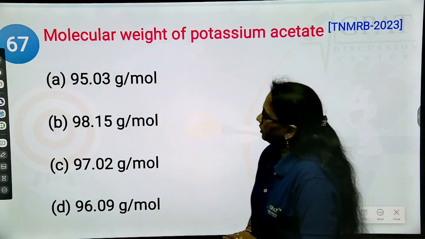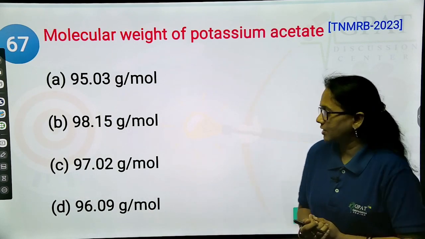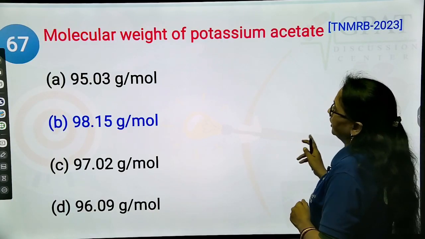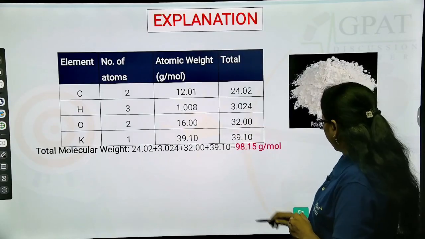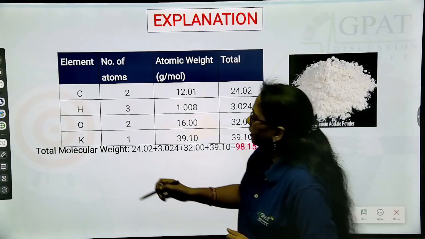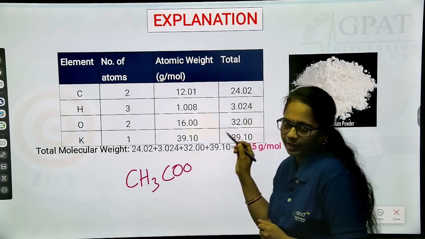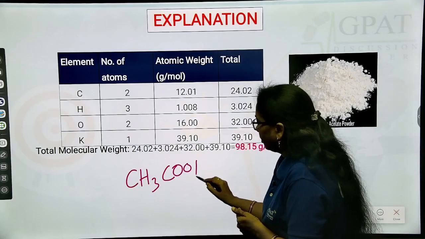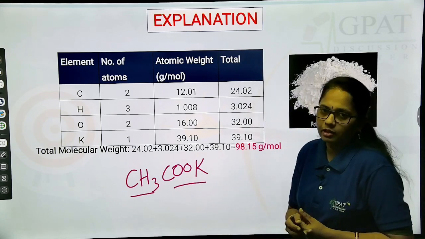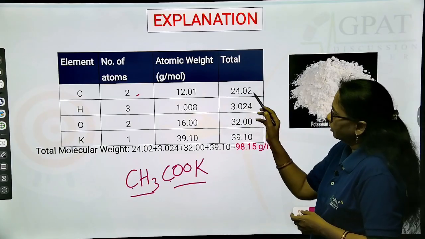Next question, the molecular weight of potassium acetate. A very easy question they have asked in the pharmacist exam, but we should know the formula for potassium acetate first. We know that it is a white colored powder, and it is CH3COOK: CH3COOH means acetic acid, and potassium acetate means the potassium salt of this acetic acid. If you want to calculate, how many carbons? 2 carbons, 2 into 12 is 24.